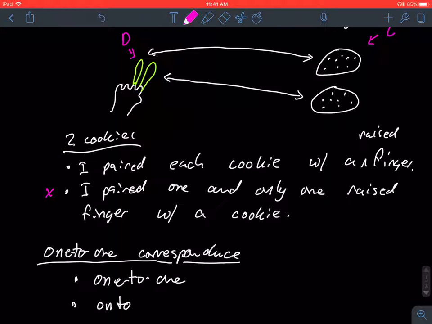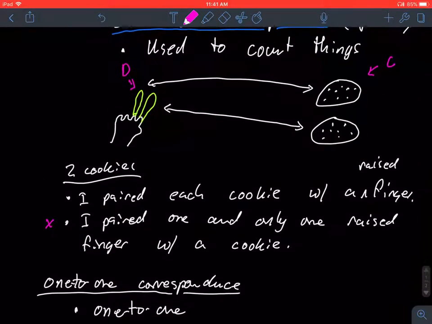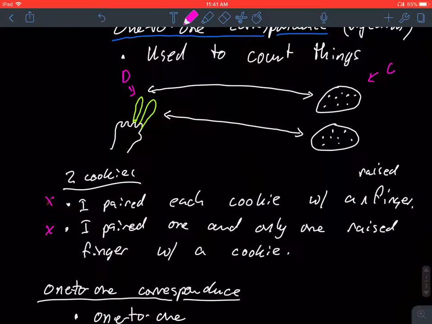Therefore, I know that this matching is one-to-one. Now, I know that this matching here is onto. Why? Because for each cookie in this codomain of all the cookies that I'm counting, there exists a raised finger which is paired with it.